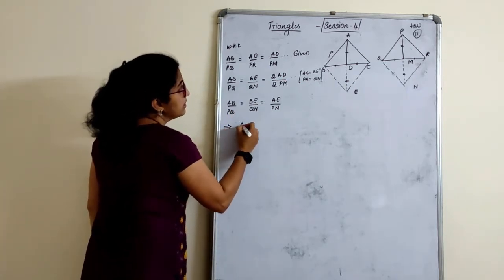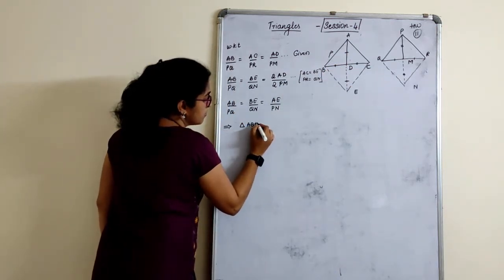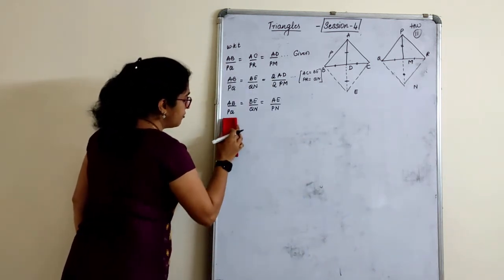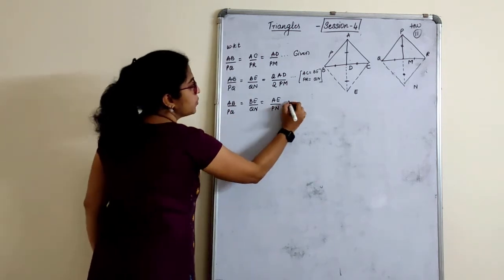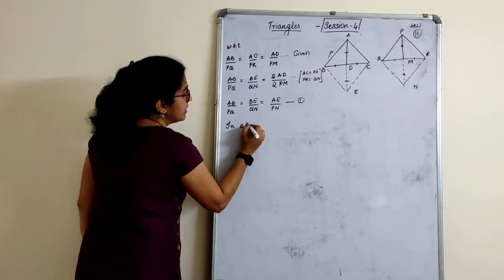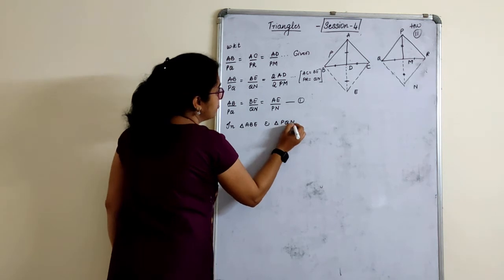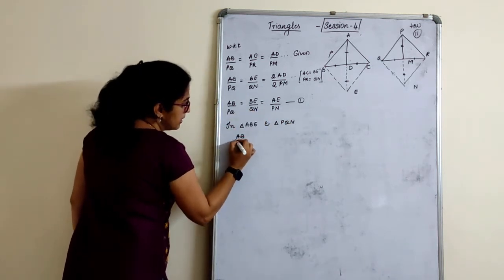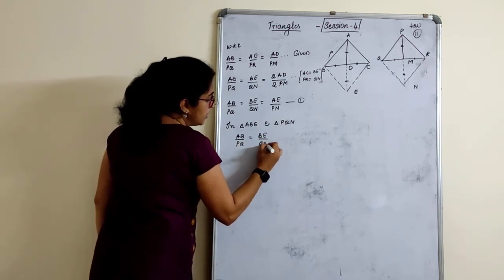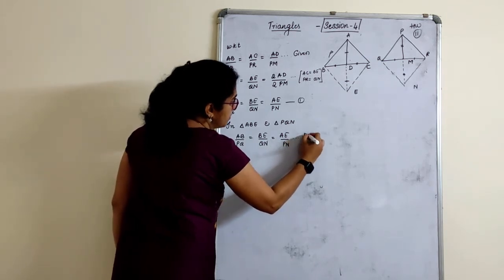this implies triangle ABE is similar. Okay, we will write that by choosing triangles and writing. Equation 1 I will choose here now. In triangle ABE and triangle PQN, I will repeat the same thing: AB upon PQ is equal to BE upon QN is equal to AE upon PN, proved above.